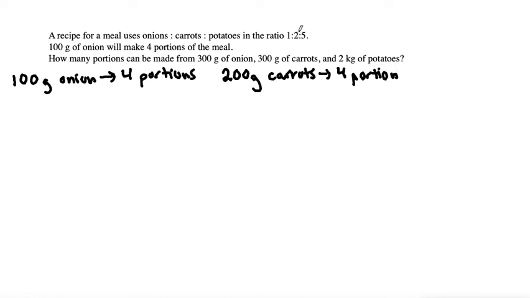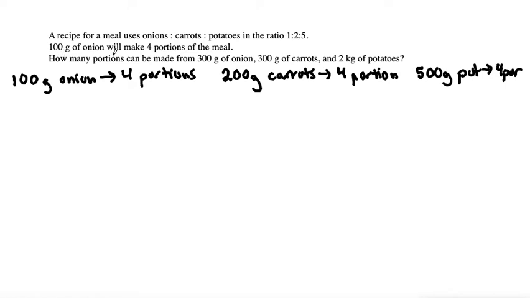And similarly, since the potatoes is in a ratio of 5, it'll take 100 times 5, or 500 grams of potatoes to make 4 portions. Okay, so this gives us an idea of what we're going to be using in our proportion.